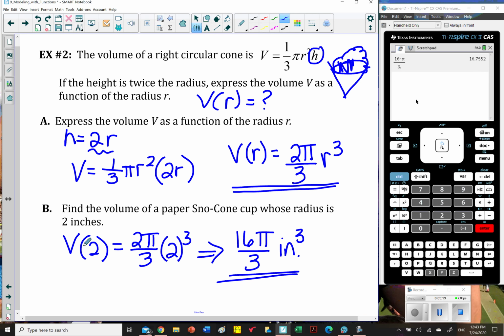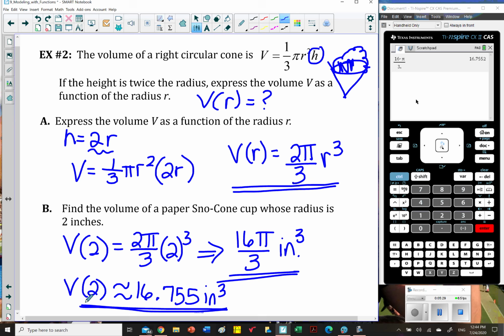So our volume, when the radius is 2, is about 16.755 cubic inches of delicious snow cone ice. Okay, that's not bad.